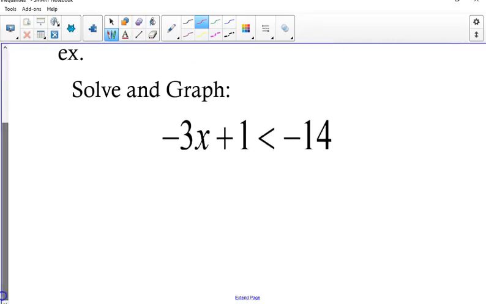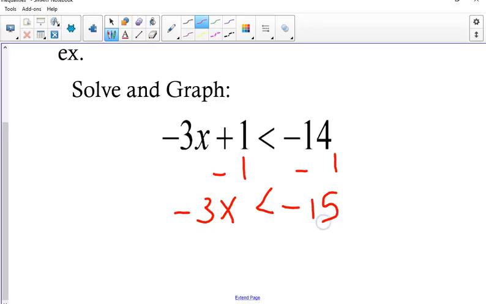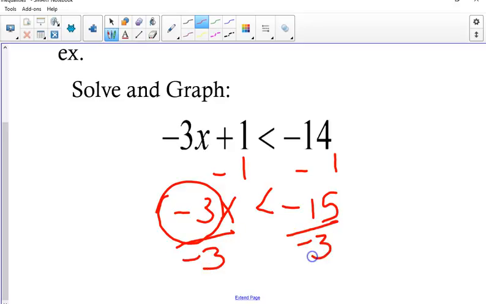All right, so let's look at this example. We're going to do the same thing we've been doing. Subtract 1, and that leaves us negative 3x less than negative 15. Okay? Now, the coefficient in front of the x is negative, so I'm dividing by negative 3. So I get x, I need to flip that sign, and then I get 5. Okay?